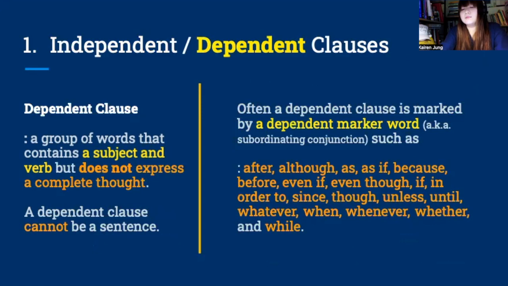Now recall that a dependent clause is a group of words that contains a subject and a verb, but does not express a complete thought. And a dependent clause cannot be a sentence.